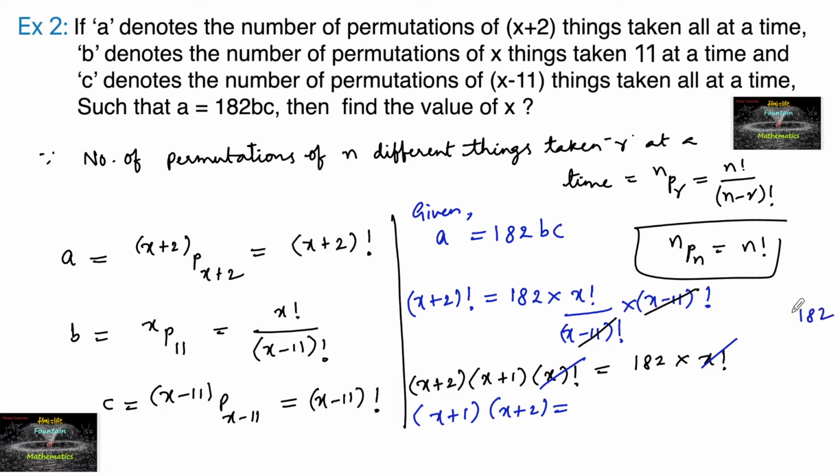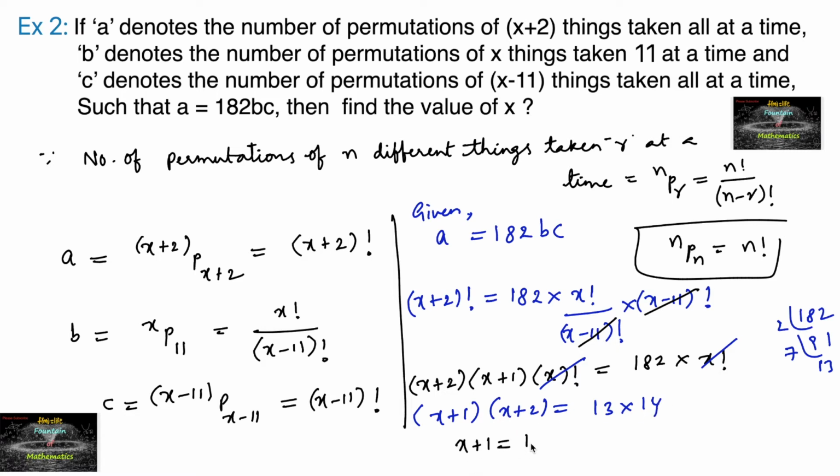182, if you do factorization, it's 2 times 91, and again this is 7 times 13. So 13 is a prime number. So we can write this as 7 into 2, 14 into 13, or we can write this as 13 into 14, product of two consecutive numbers. Even x plus 1 and x plus 2 are also consecutive. So if we just imagine that x plus 1 is equal to 13 and x plus 2 will be 14.